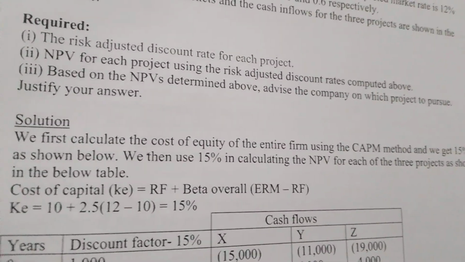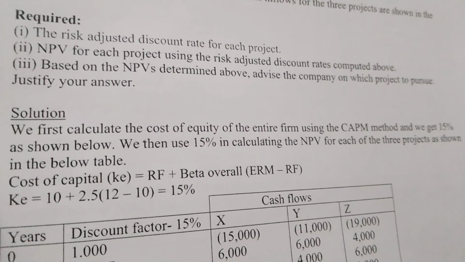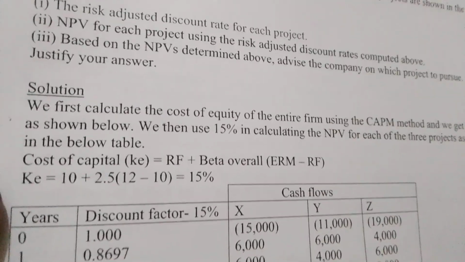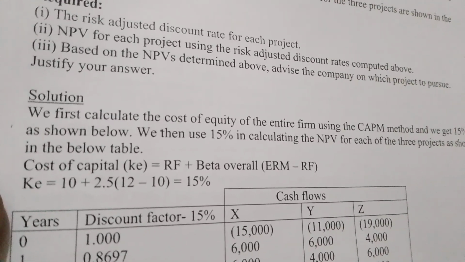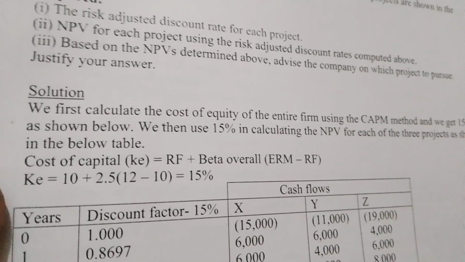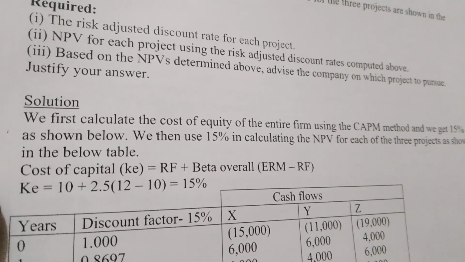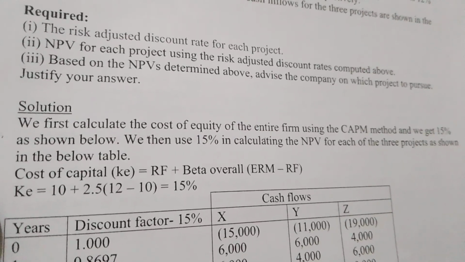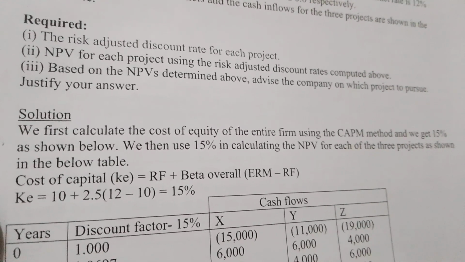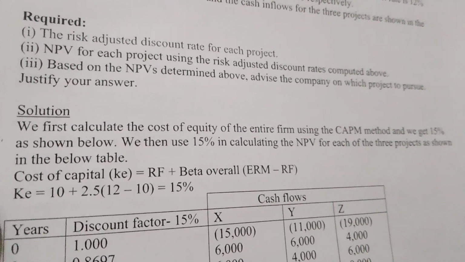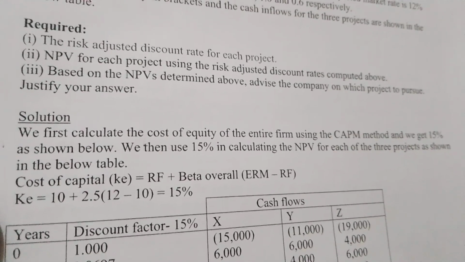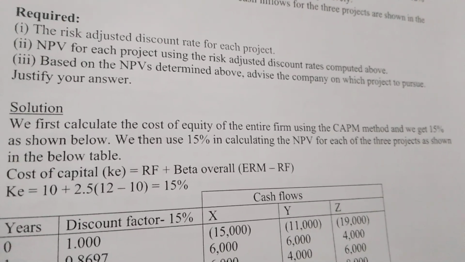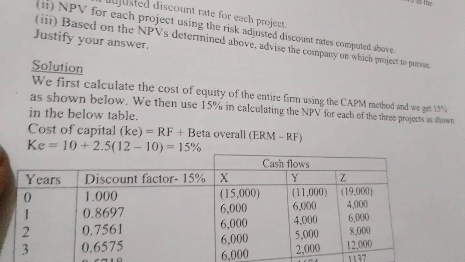So we are calculating the cost of equity using CAPM. CAPM means Capital Asset Pricing Model. So KE is 10, the risk-free rate, plus market beta 2.5 into brackets, expected market rate minus the risk-free rate of 10, which gives us 15%.